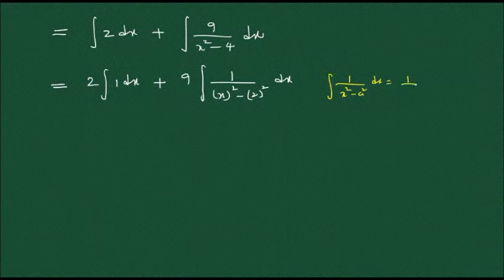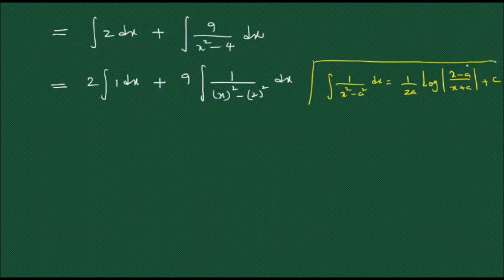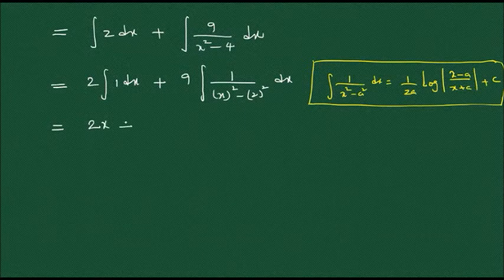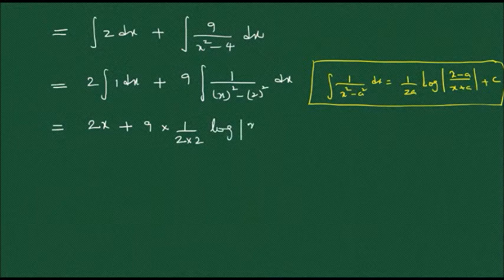So this is in the standard form, integration of 1 by x square minus a square dx is equal to 1 by 2a log of (x minus a) by (x plus a) plus c. This is equal to 2x plus 9 into 1 by 2a, 2 into 2, log of (x minus 2) by (x plus 2) plus c.